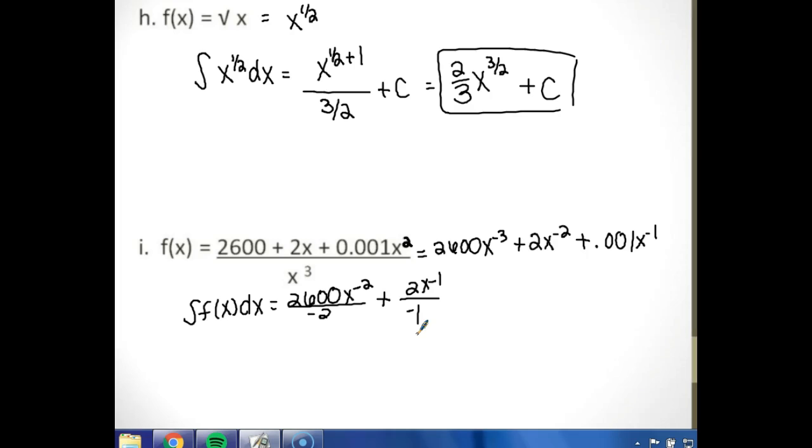So this becomes plus 0.001 natural log of x. And do not forget your arbitrary c. We could clean it up.